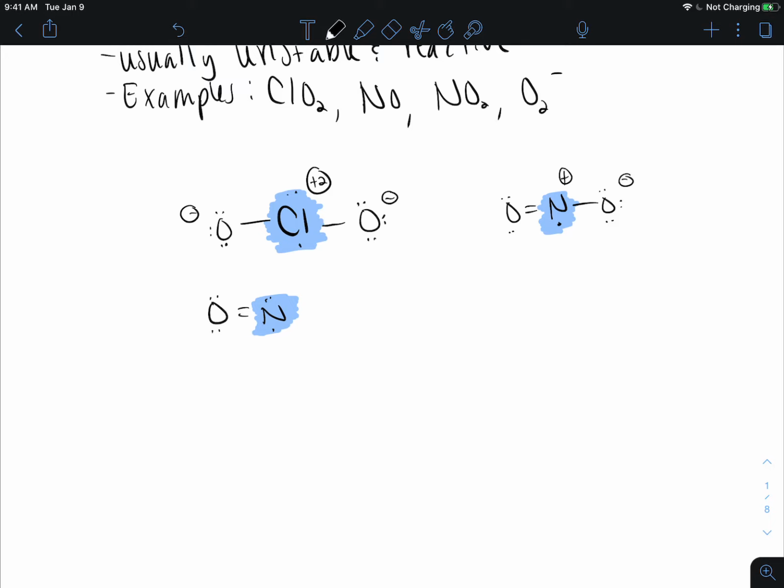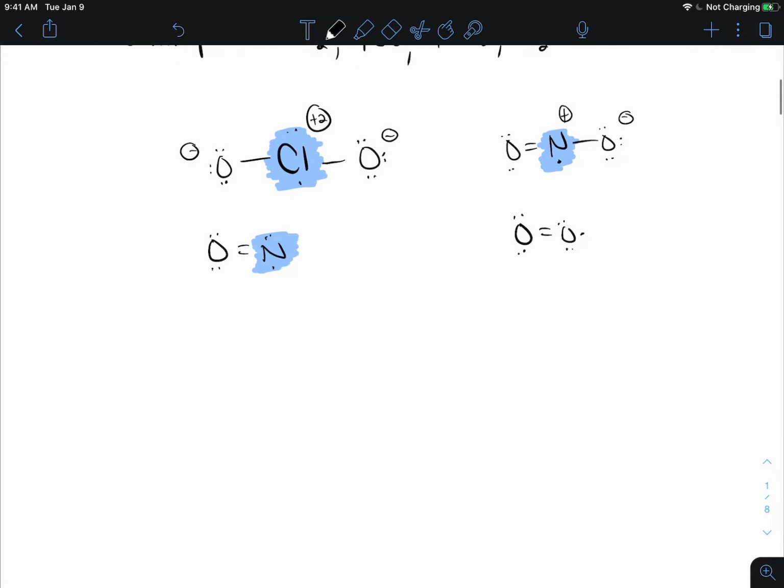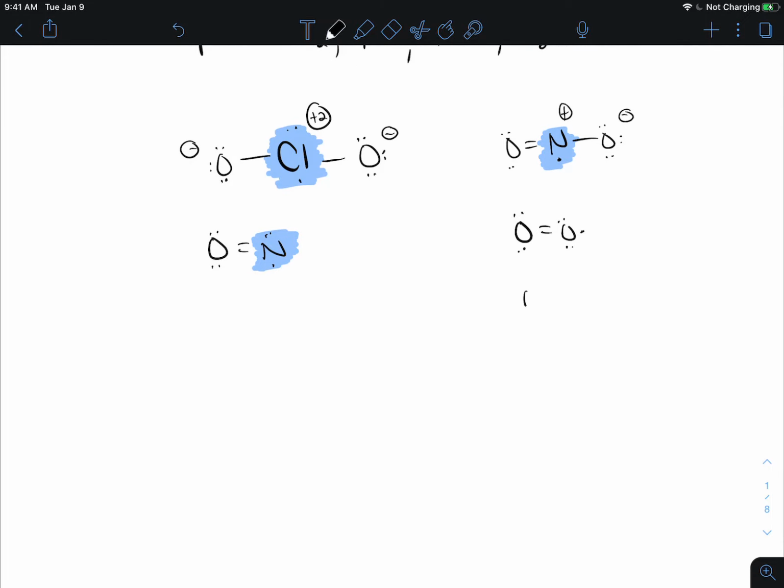And then O2 minus can look like this or like this. You'll see it's both. And here we have something that is lacking, and then expanded and then lacking. So probably this one would be the more likely option. Okay.